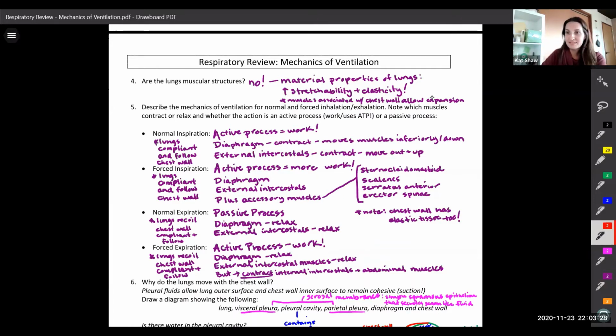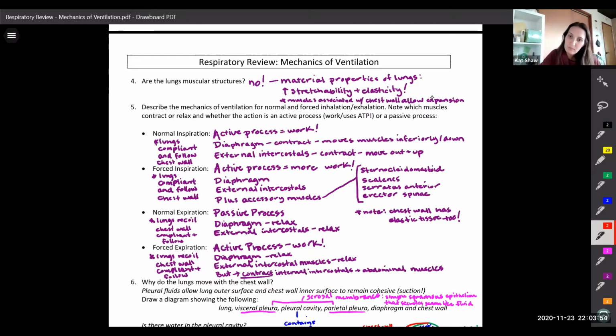Then we have forced inspiration or inhalation. Here, you're taking that normal inhalation process and you're adding accessory muscles, right? So I just noted that it's even more work now to have this forced inspiration. So the diaphragm contraction, the external intercostals, and now our accessory muscles are the ones I have listed here.